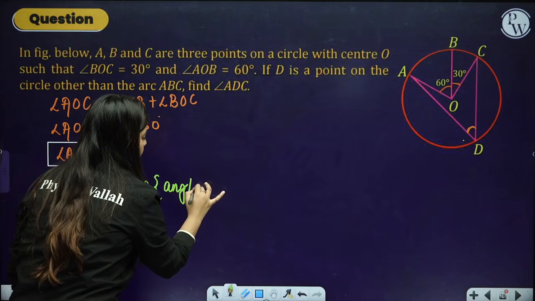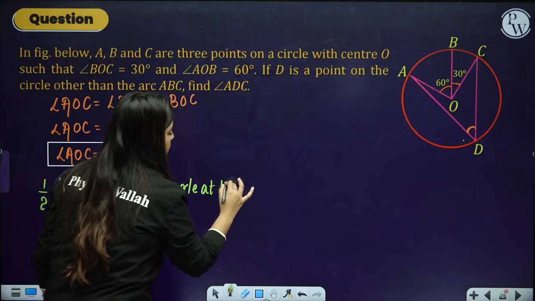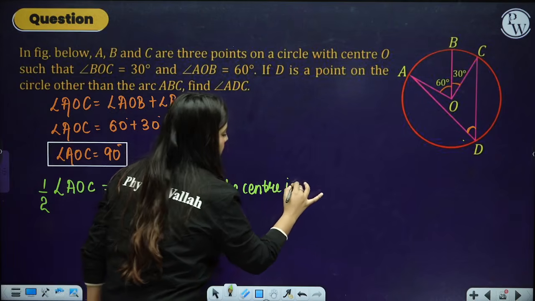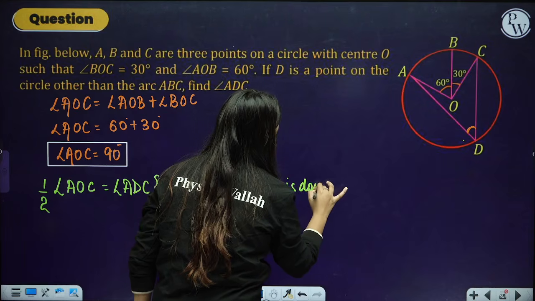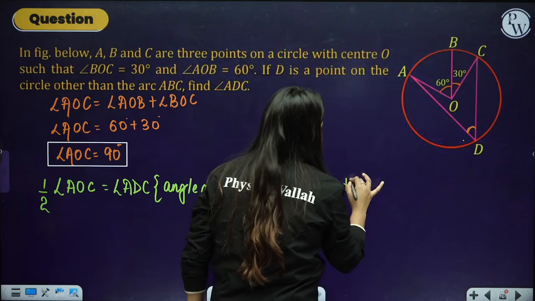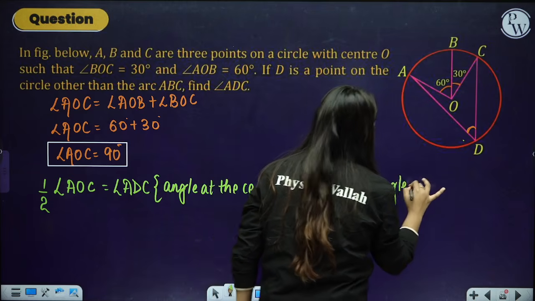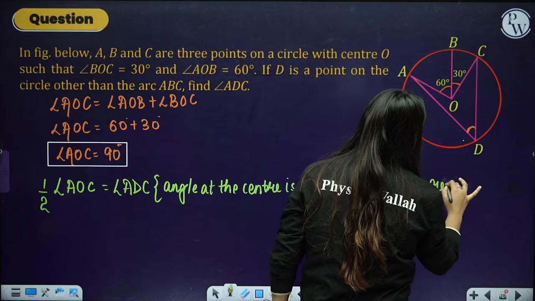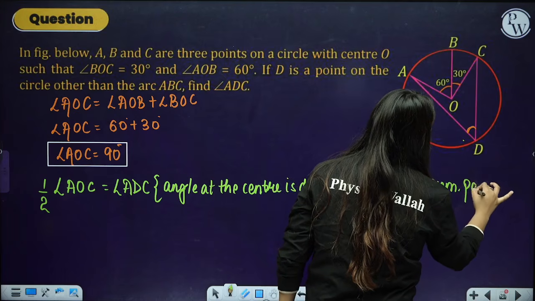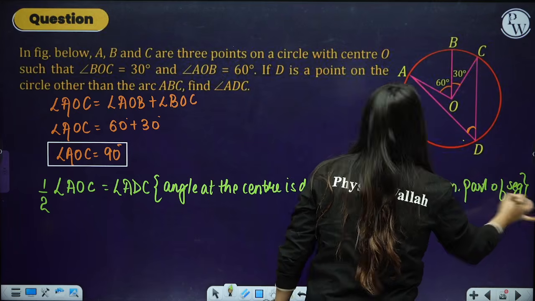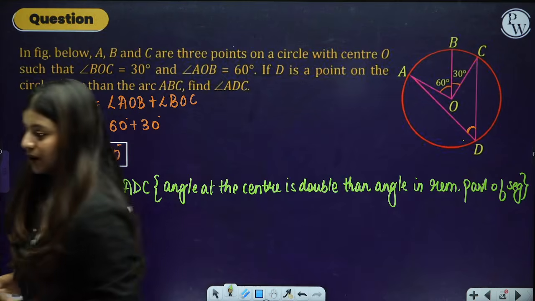Angle at the center is double than angle in remaining part of segment. You have to write this whole statement every time you do this question, right?